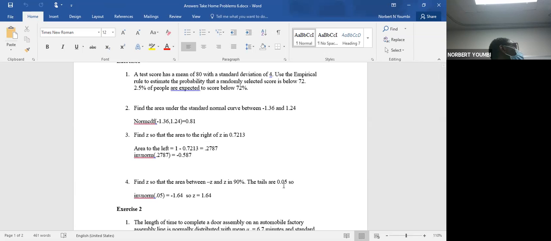Find a z so that the area between minus z and z is 90%.